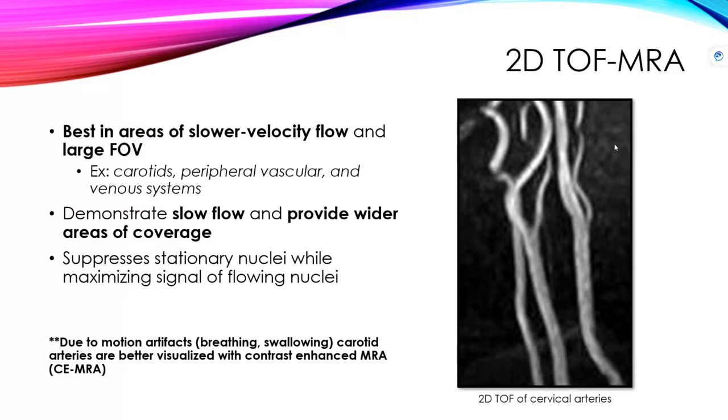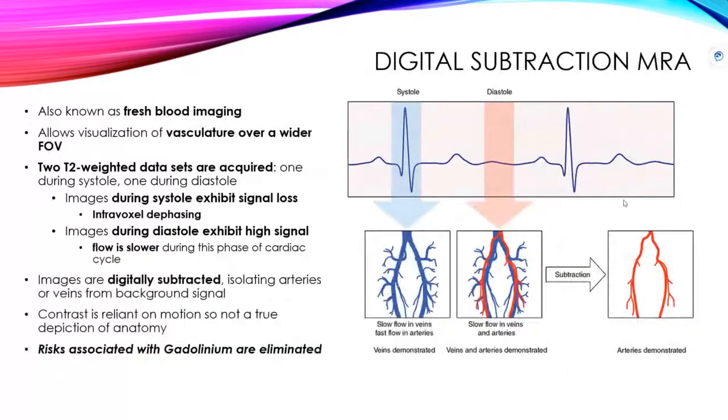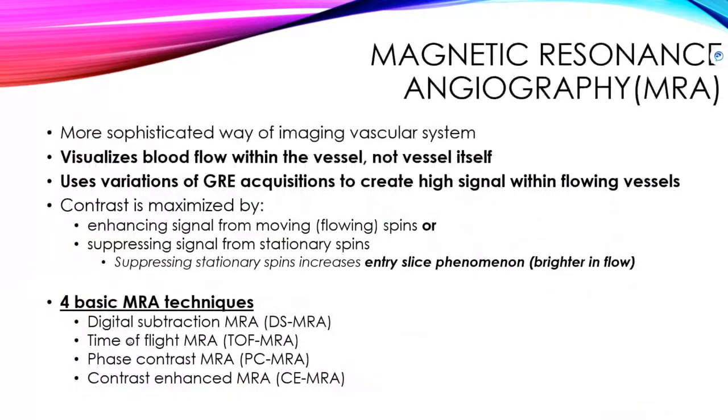And this, Jasmine, is another thing you can do if the patient can't have contrast: time of flight, 2D or 3D. Time of flight, phase contrast, and digital subtraction. These three right here are used for various reasons, but one reason you can use these three is if your patient cannot have contrast.